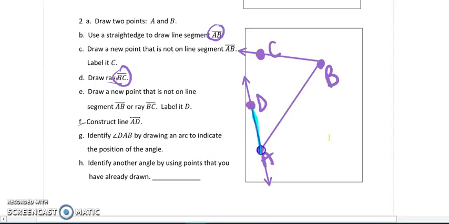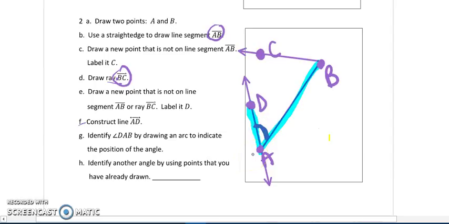I'm going from D to A to B. Okay, but it says I have to make an arc to indicate the position of that angle. So here's how I make an arc. I show that I'm connecting this line to this line segment by touching it here and here. That means I would actually be talking about the space that's in between.